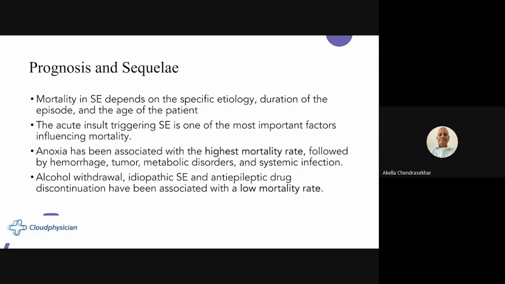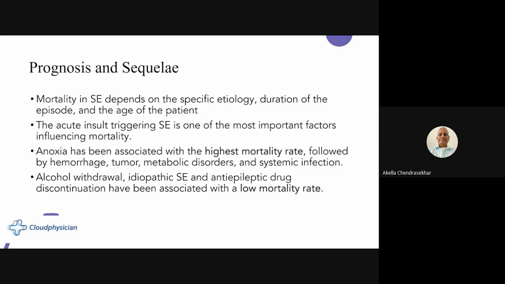Once you start seeing seizure activity, document how long the patient has been seizing. So if you have a stopwatch in your phone, start the stopwatch and see how long the seizure activity is going on. Document it. How old is the patient? This is something that's pretty obvious. We'll talk about that. Once you get over age 70, it becomes very problematic. So you have to think about that. We're going to talk about each of these things.